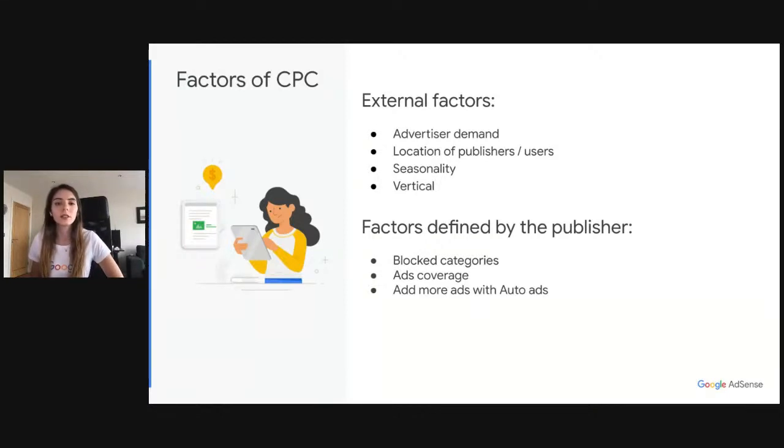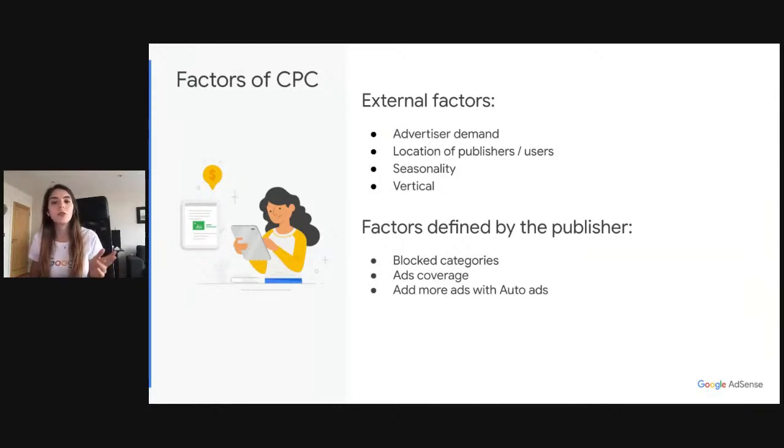The external factors that influence CPC are, first, advertiser demand. Some advertisers may be willing to pay more for certain types, or say it is blooming in one industry, or other advertisers may be holding a little bit back. Second, location of publishers, users, and advertisers.